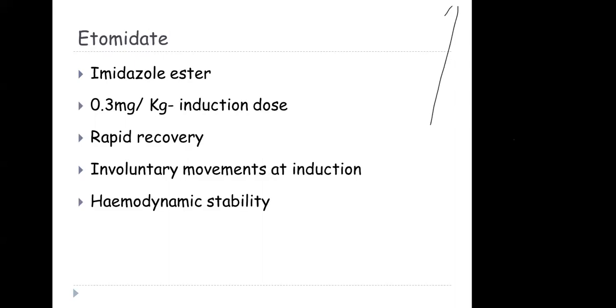Etomidate seems like the darling of all of them, because it's good for your cardiac patients, for whom you don't want any hemodynamic instability, or any patient who is already hemodynamically unstable. It's what you want to use for them because it has minimal, if any, impact on the hemodynamics, so you'll basically remain stable.